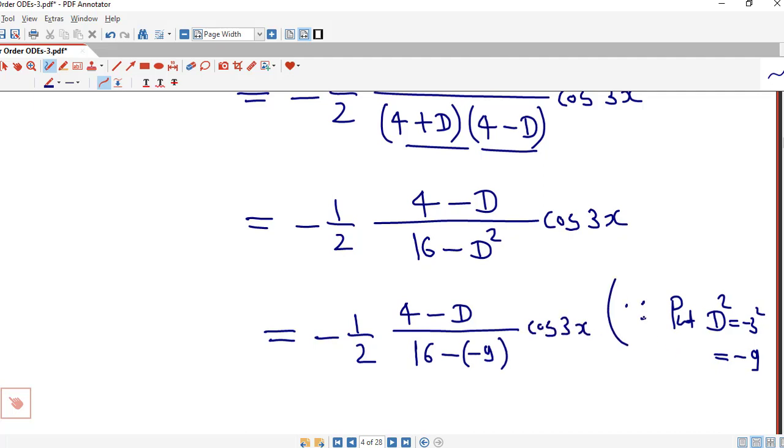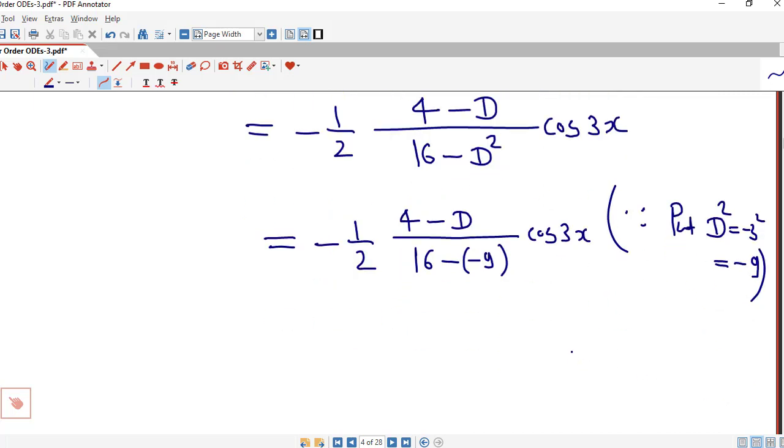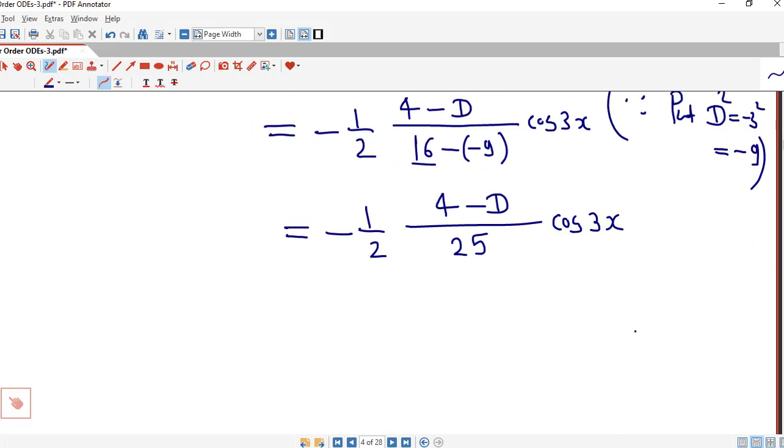Here we have to mention that we are replacing D square by minus 9. So now this becomes 4 minus D over 25, cosine of 3x, and this is going to be minus 1 over 2 into 25, that is 50, and we operate this on cos 3x.